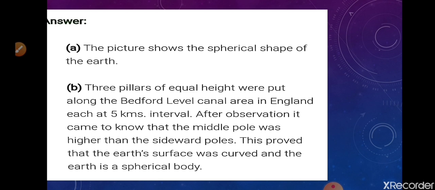Question number 1 is, how does the sighting of a ship at the seashore prove that the earth is round in shape? You can go through page number 8, where it is mentioned.